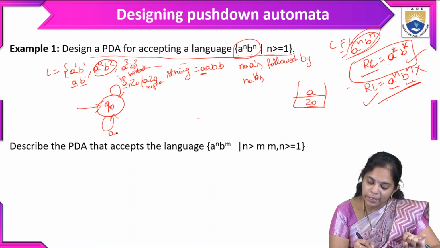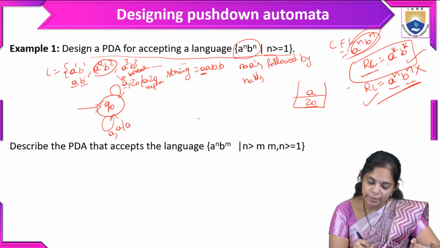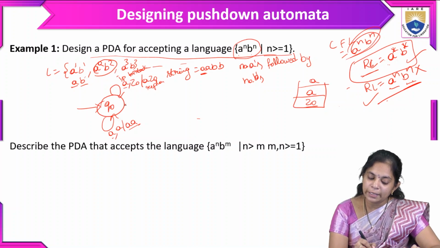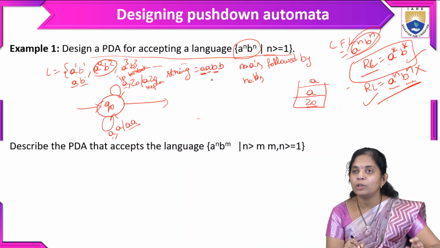The input is A and the top of the stack symbol is already A, and we are placing one more A. What is the replacement? We add the value into the stack. From this state we finish the two A's, and then for reading the value B.